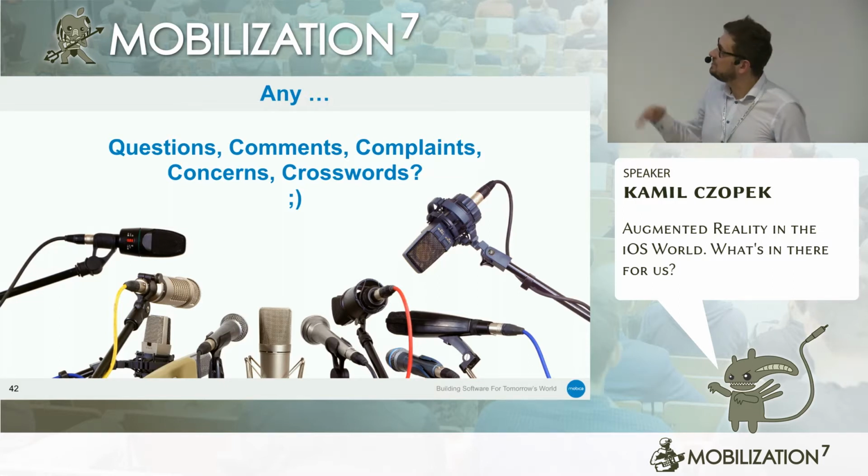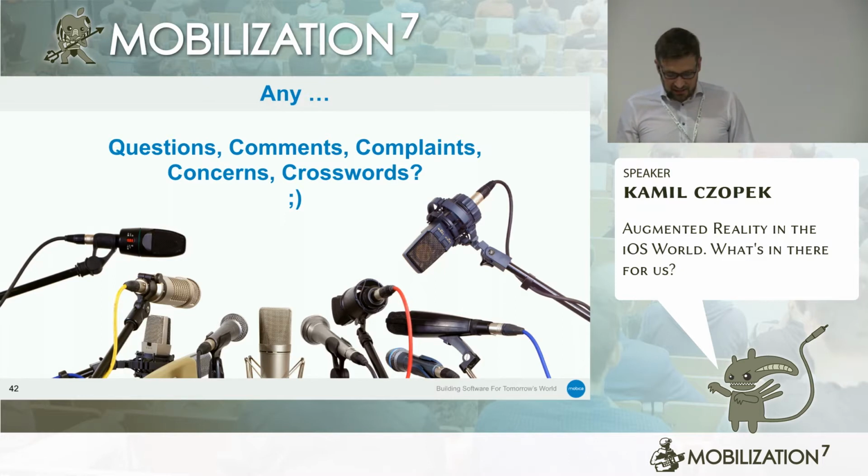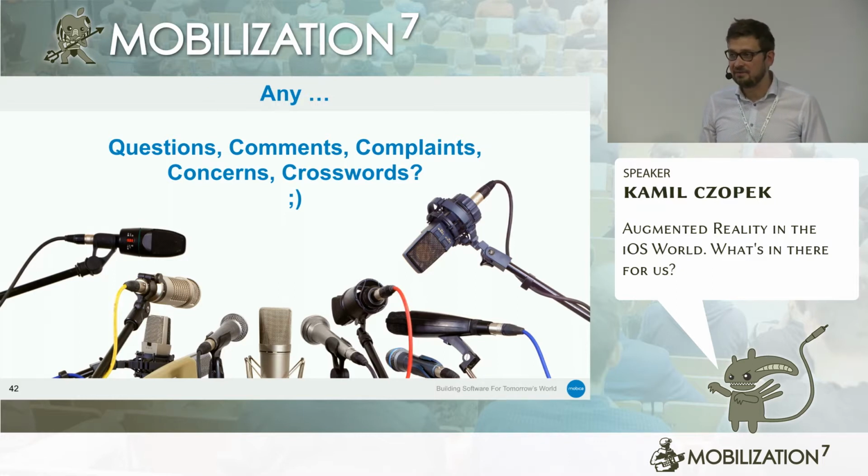There's also something I haven't mentioned, actually. You can do great combinations with another framework. A machine learning framework is, I think, something that goes hand in hand with AR.